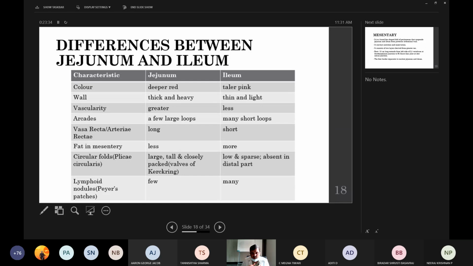So these are called the valves of Kerckring, and these are permanent. They will not obliterate when the intestine distends.